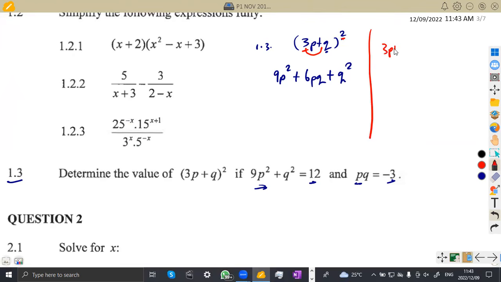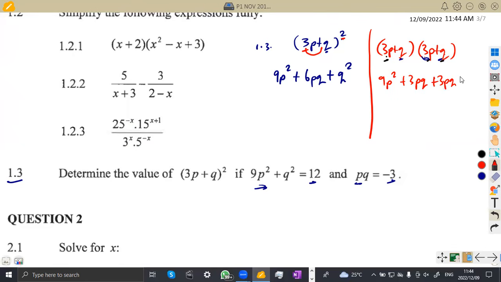Okay, 3p plus q into another bracket of 3p plus q. You then expand your brackets normally. That's 3p and 3p here, which is going to be 9p squared. Then now we move on to 3p and q, that is 3pq. So this is going to be plus 3pq. We are done with 3p. We move on to q. It has to multiply everything again in the second bracket. So that's q and 3p, which is 3pq.